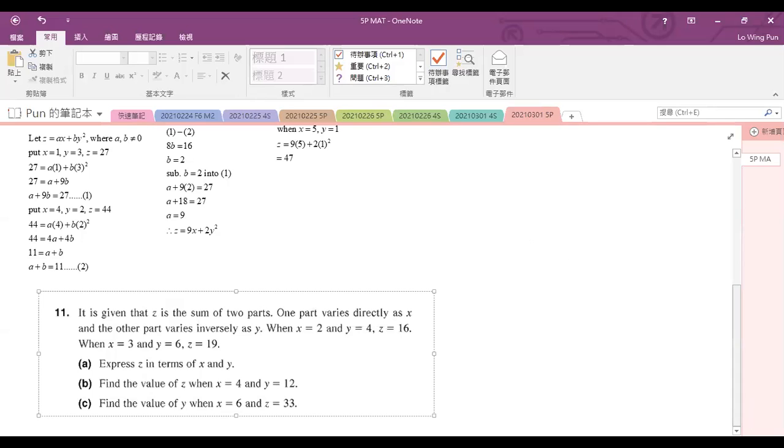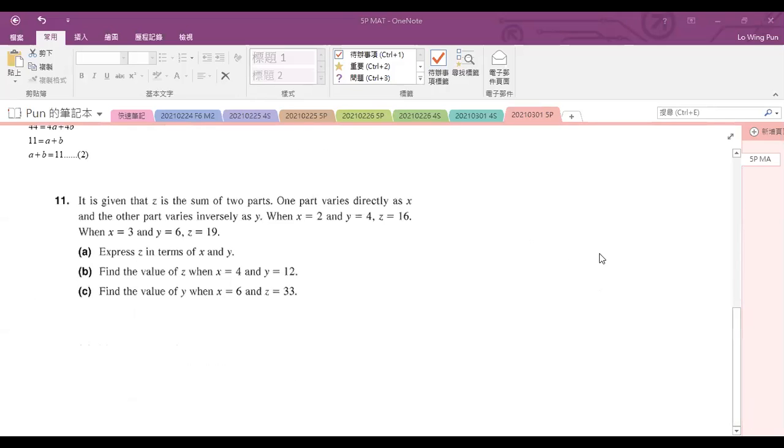Okay, let's check the answers. So number 11, it is given that Z is the sum of two parts. So we are going to let Z to be two parts. One part varies directly as X. So it is A times X plus the other part varies inversely as Y. So it will be B over Y, okay?